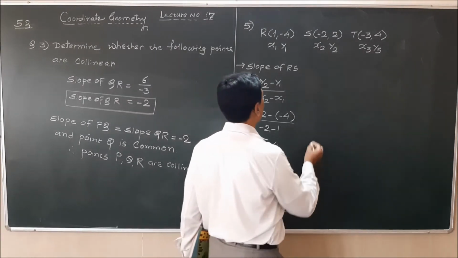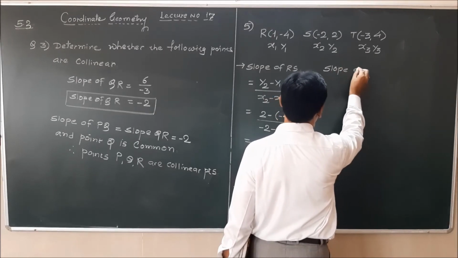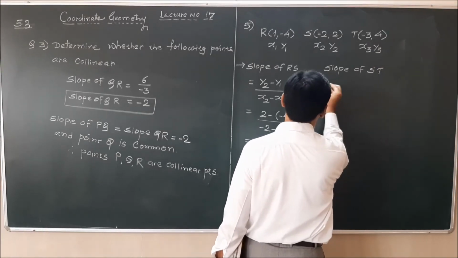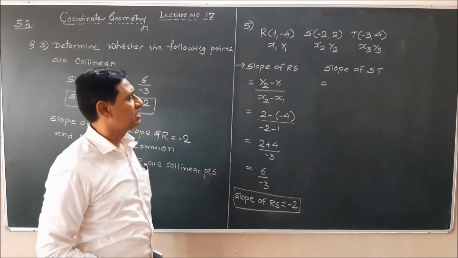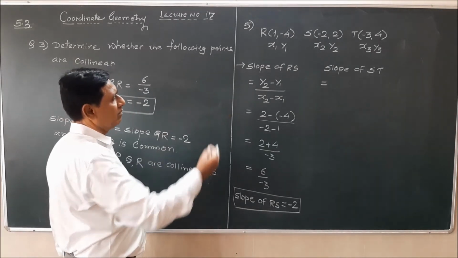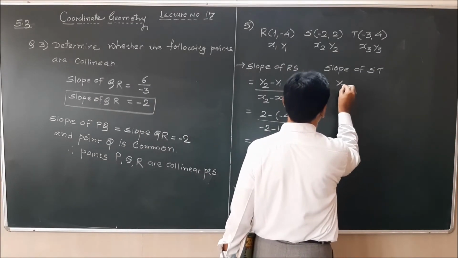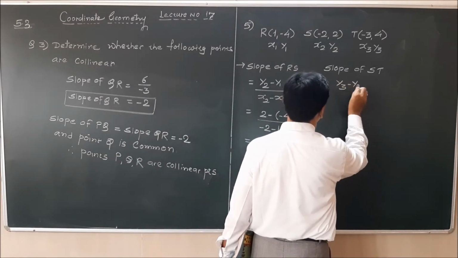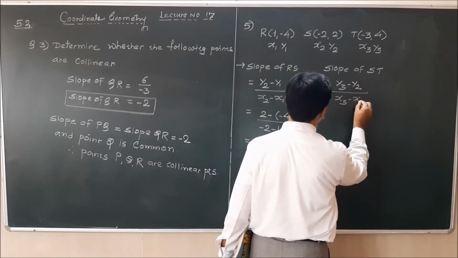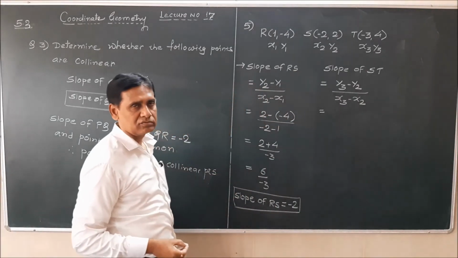Likewise, slope of ST. Now what is slope of ST? Slope of ST will be the same, y3 minus y2, very simple, upon x3 minus x2. Substitute the values of y3 and y2.